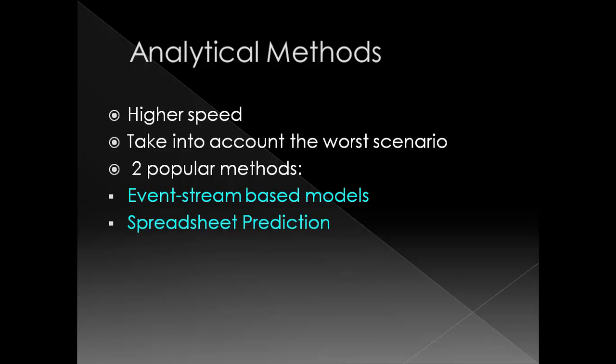One such method is the event stream based method and the other is the spreadsheet method. I will introduce them and try to take one example to tell you how they work. In the event stream based models, the estimation relies on evaluating the task execution on shared resources for event streams like periodic events.